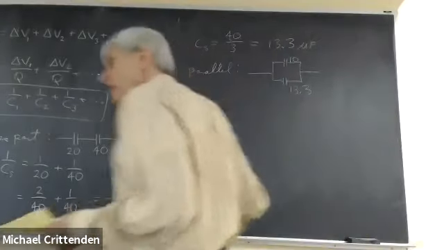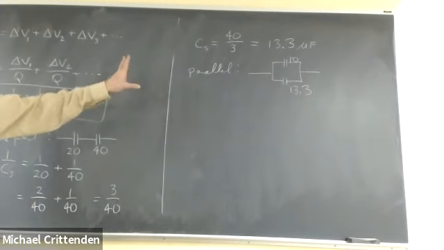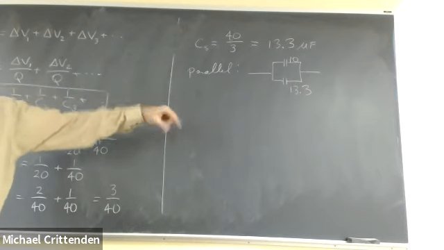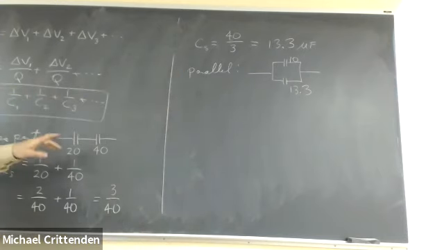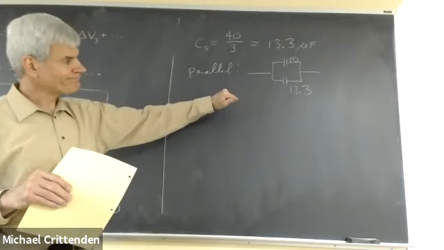So the three capacitors that you really have are in every way equivalent to as if you had these two. I put what the 20 and 40 are equivalent to in the spot where the 20 and 40 actually are.